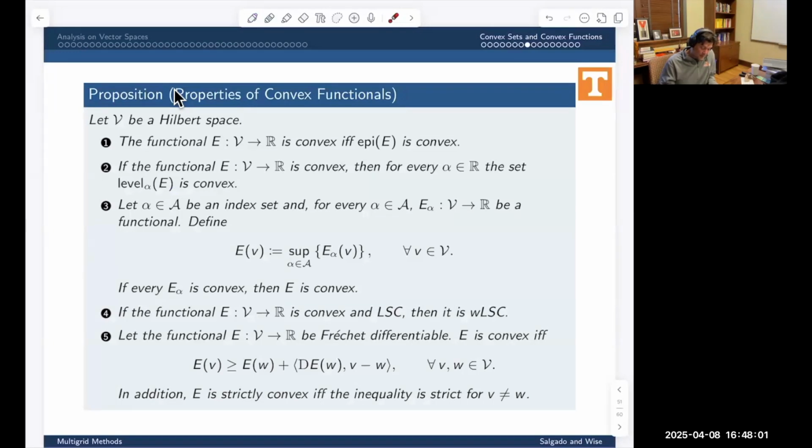Now, the result is if the function is convex, then for every alpha in R, the sub-level set is also going to be convex. Now, some values of alpha are going to give us the empty set, because there'll be no values of x and y such that E of x and y is less than alpha.